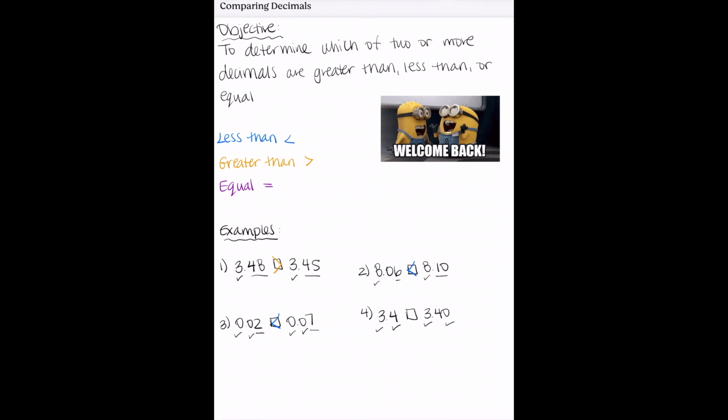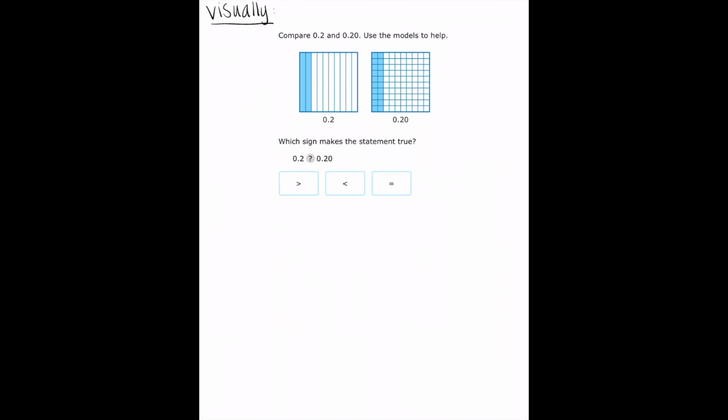That 0 doesn't mean anything. A 0 that comes after a number doesn't mean anything. We'll get into why in our next little example, and it'll be easier to see visually. But for our purposes for now, 3.4 is equal to 3.40, or 3 and 4 tenths is equal to 3 and 40 hundredths.